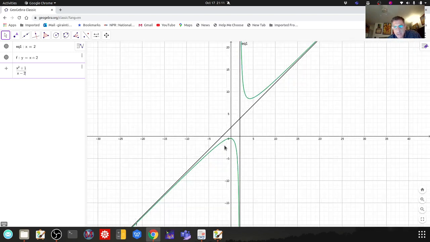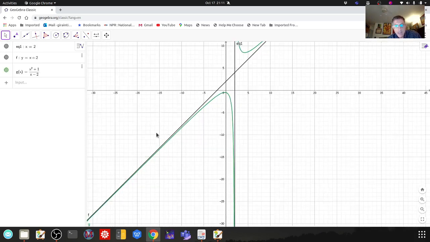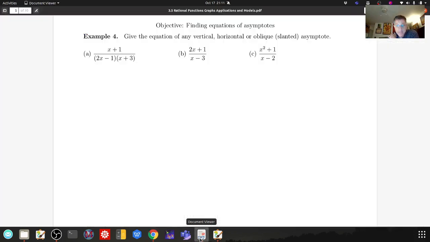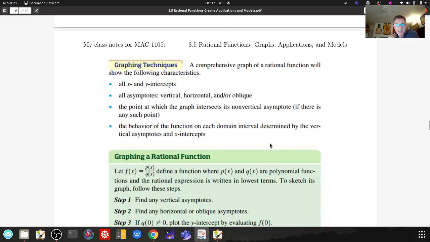As x gets smaller, well actually larger in absolute value in the negative direction, then f of x approaches that line. So that's a good example, a really good example. So now we're getting there. A whole bunch of steps.